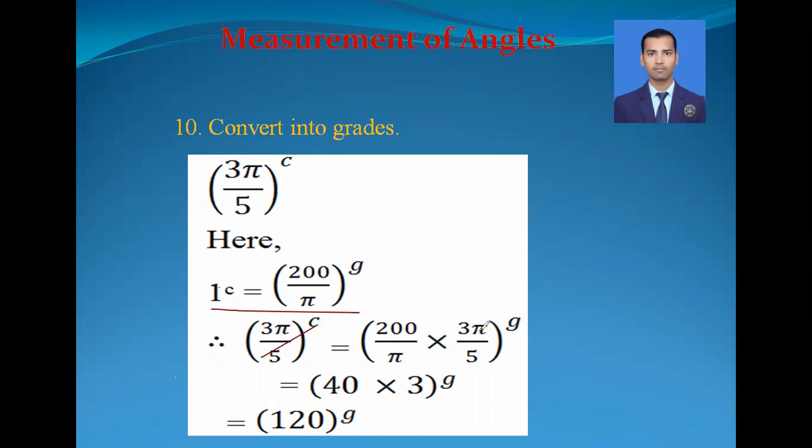Then again pi cancels, pi, and again 5 for the 20, it means 40.